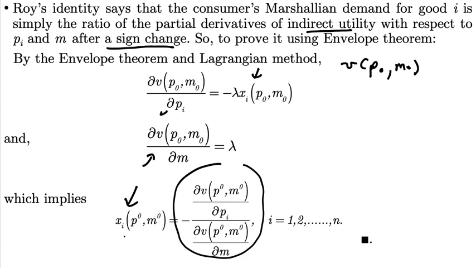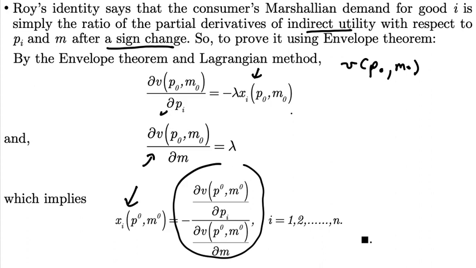In order to do this, we need to use what we call the envelope theorem and the Lagrangian method. So what does the envelope theorem say, and why is it important for showing Roy's identity? I want to put it in a simpler form because I'm not teaching mathematics here. It is basically the partial derivative of the Lagrangian function with respect to a given parameter.